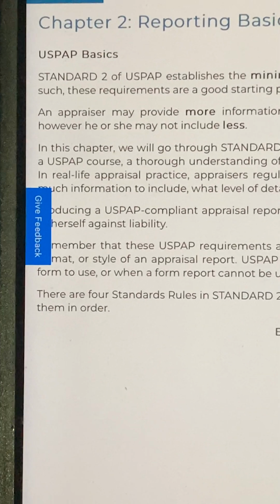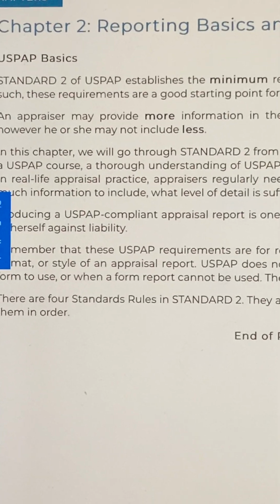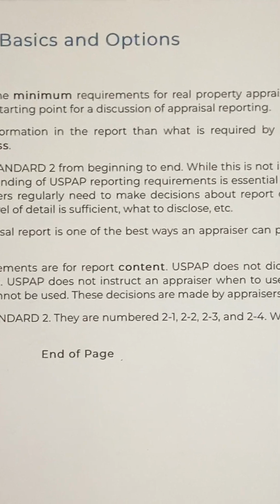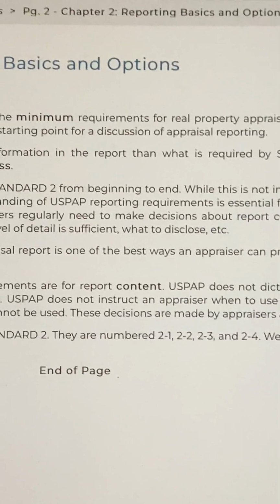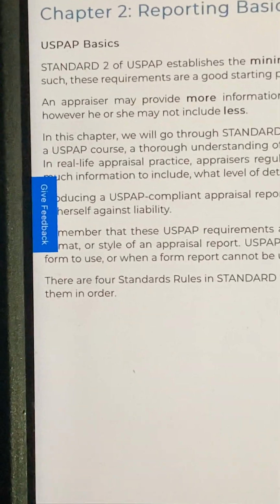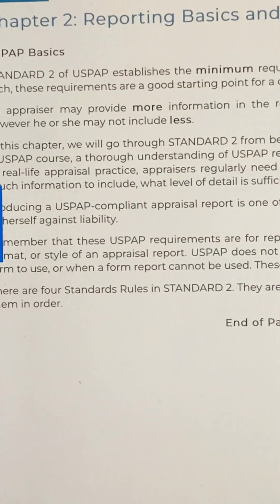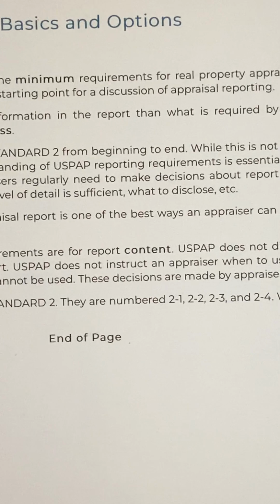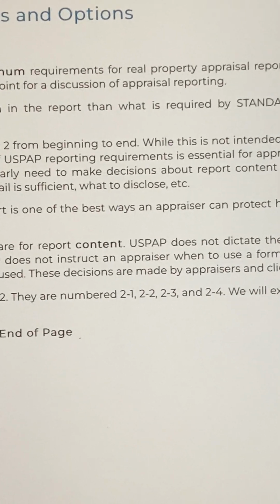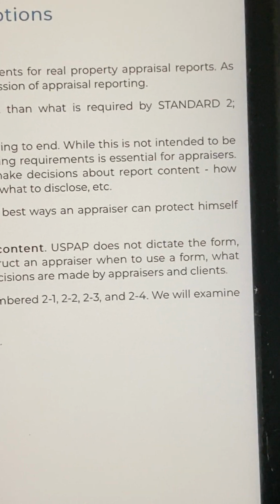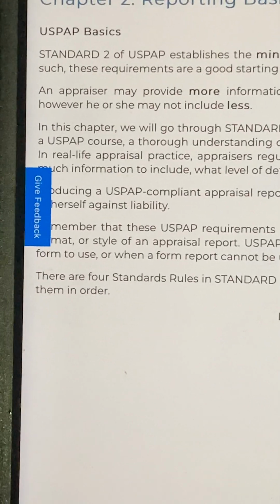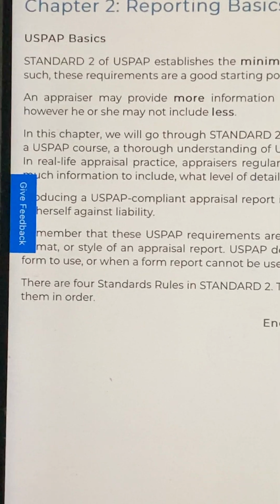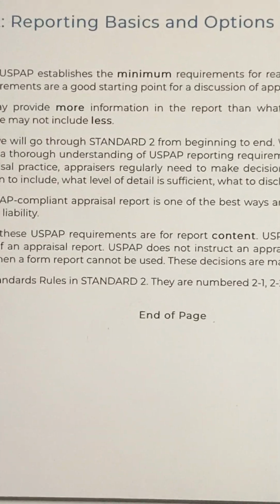As such, these requirements are a good starting point for a discussion of appraisal reporting. An appraiser may provide more information in the report than what is required by Standard 2. However, he or she may not include less.